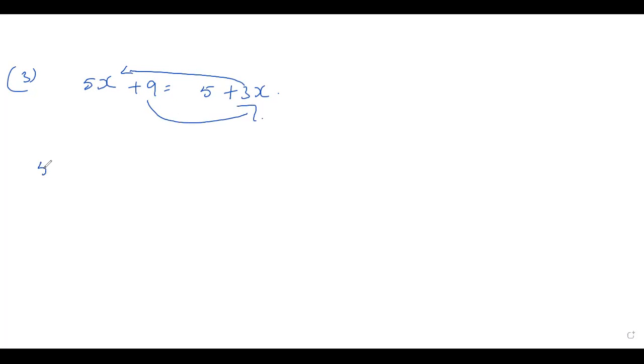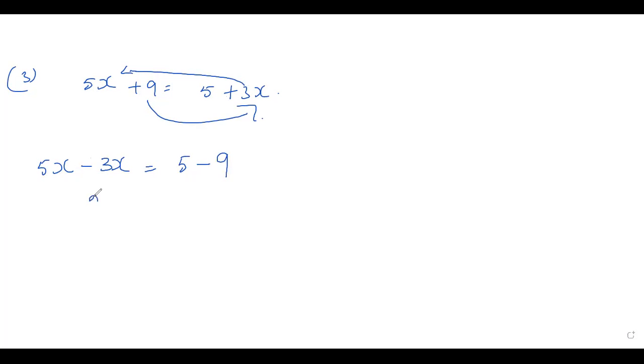Write 5x as it is on the left. I'm transposing plus 3x to the left, it becomes minus 3x is equal to what you have on the right side, 5, write as it is. Shift this plus 9 to the right side, it becomes minus 9.